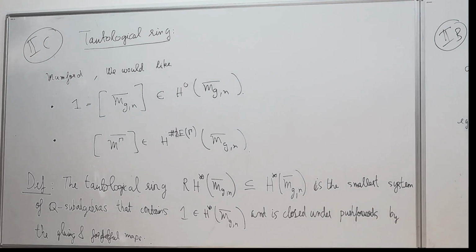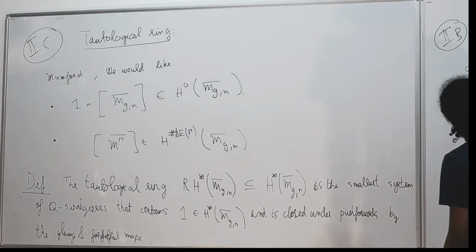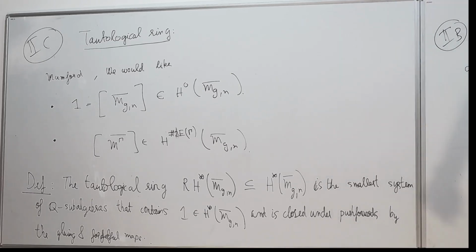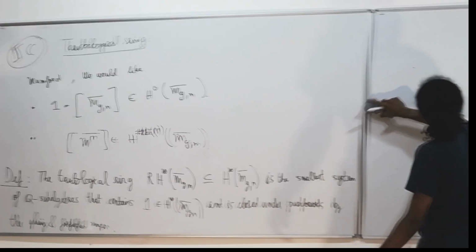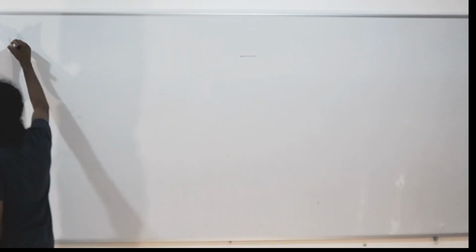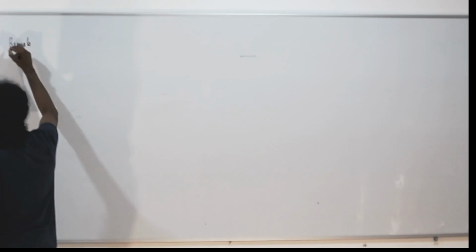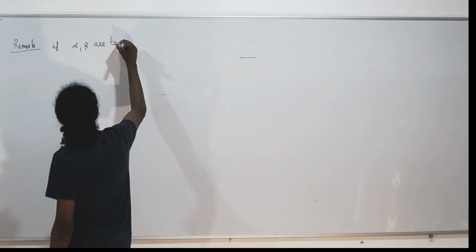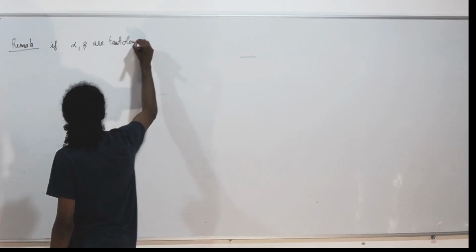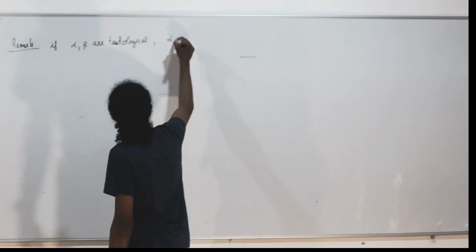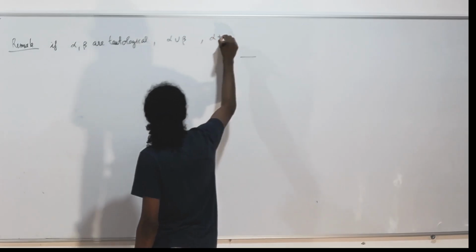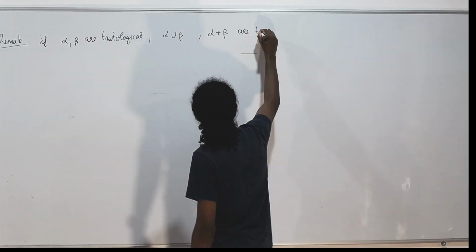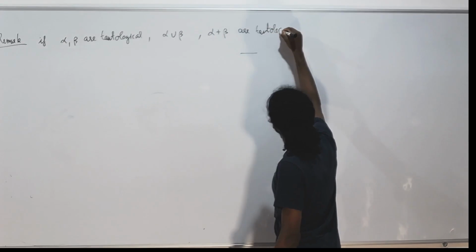It means that if I have two tautological classes, and I take linear combinations of them, or I take products of them, then they're still tautological. So if alpha and beta are tautological, then alpha plus beta and alpha times beta are tautological, a consequence of the definition.